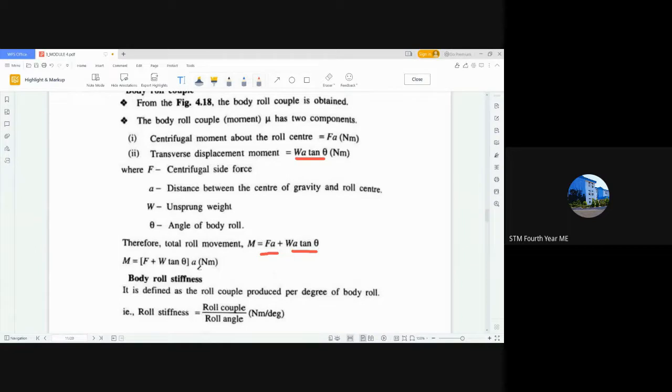And if you want, you can take A commonly outside. A is present here and here also, and you can take it commonly outside, and then you can write the equation M is equal to F plus W tan theta into A. You can write it in such a manner also.